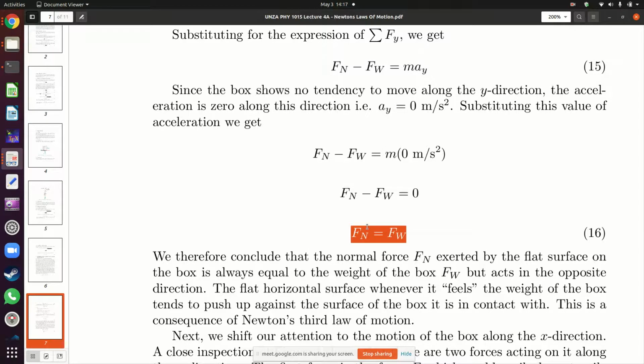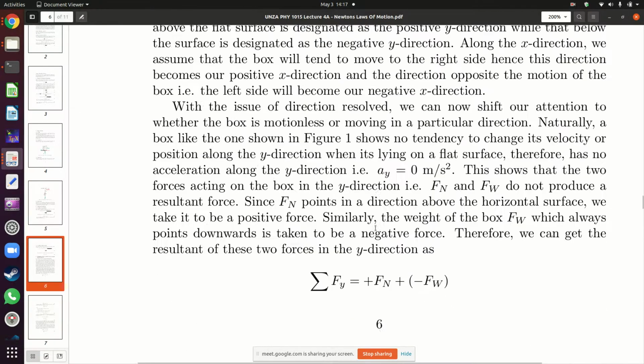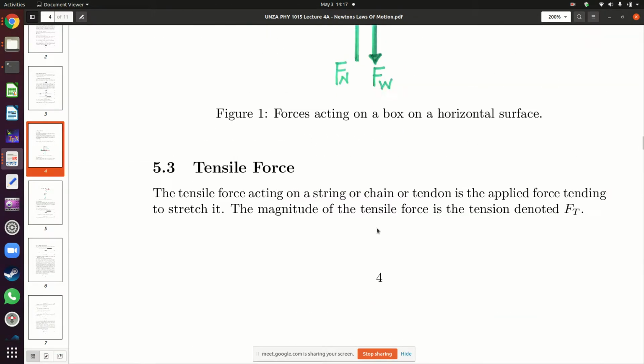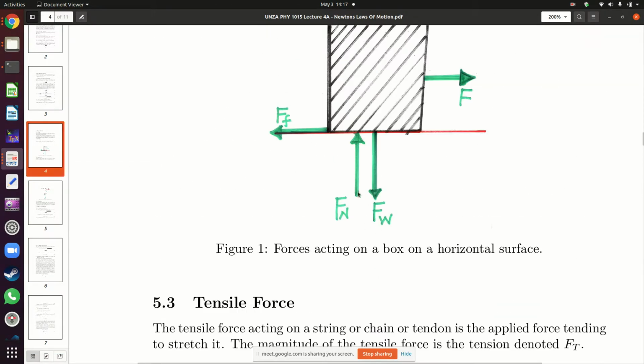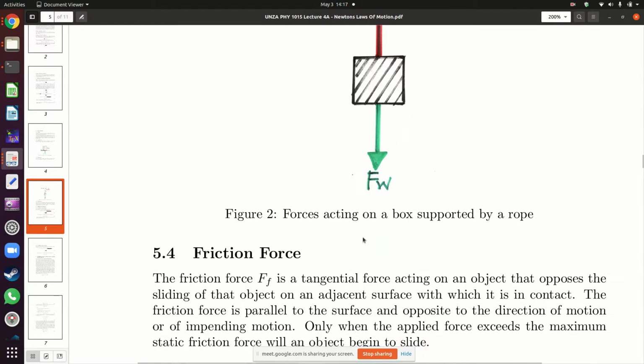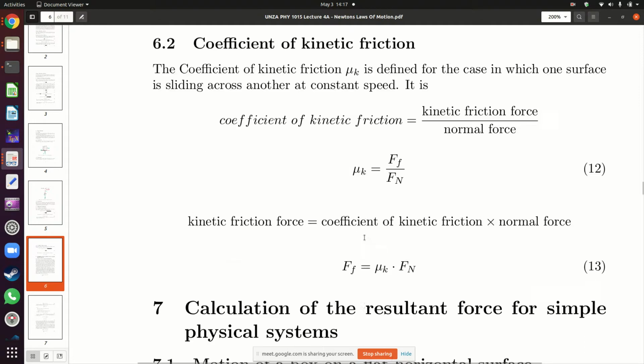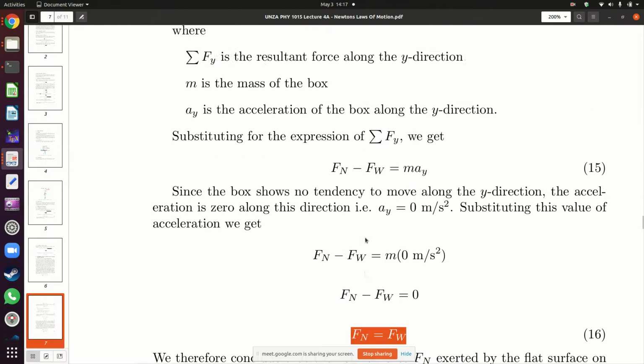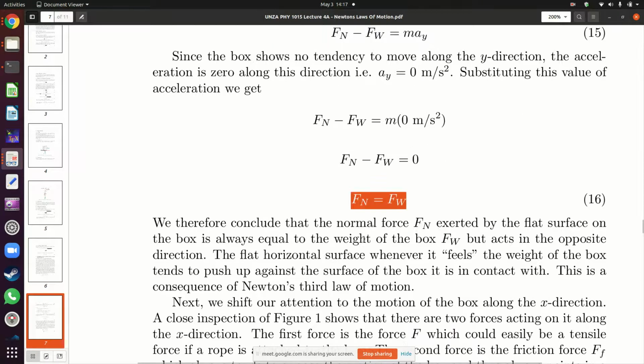So always, as we have seen from our diagram, the weight is pointing down, the normal force is pointing up. So these two forces, Fn and Fw, are opposite. But they are more than that. They are opposite and they are equal. Are we clear?